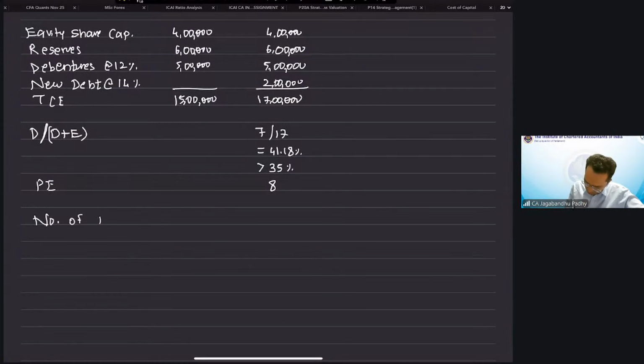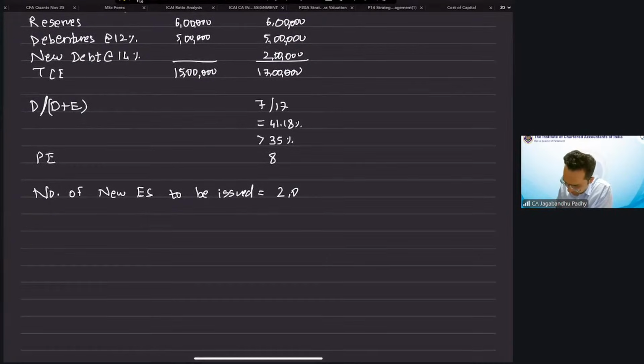Number of new equity shares to be issued, that will be like 2 lakh issued at a price of 25. So 2 lakh divided by 25.